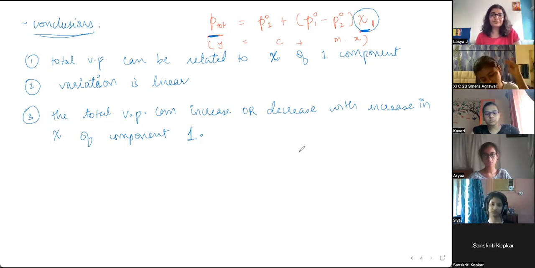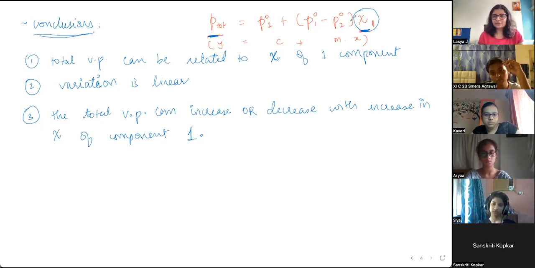Again, this is more mathematical. Think of it in those terms. If P2 is greater or P1 is greater. Exactly. So the mole fraction is multiplied by P1 naught minus P2 naught, right?